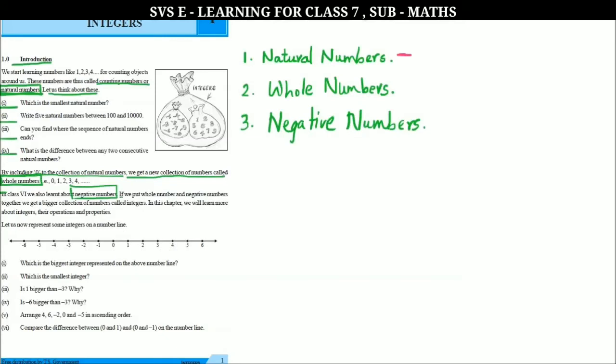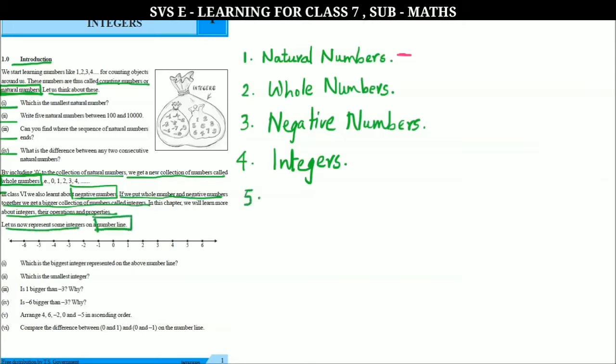If we put whole numbers and negative numbers together, we get a bigger collection of numbers called integers. Number 4, integers. In this chapter, we will learn about integers, their properties and operations. Let's now represent some integers on a number line.